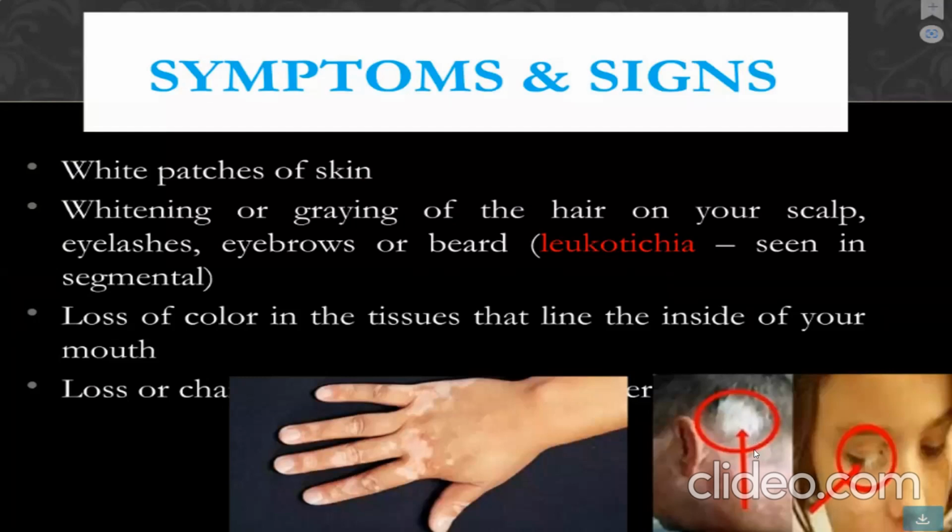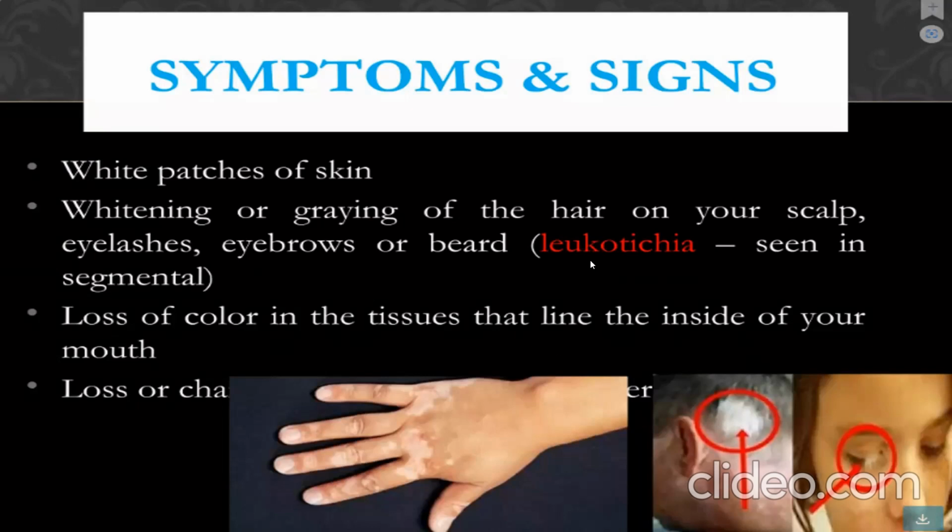You can see in the second image, the segmental graying of the hair called leukotrichia. Loss of color in the tissues that line the inside of your mouth.